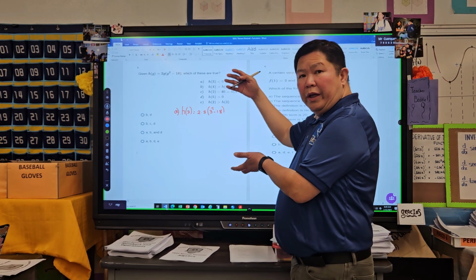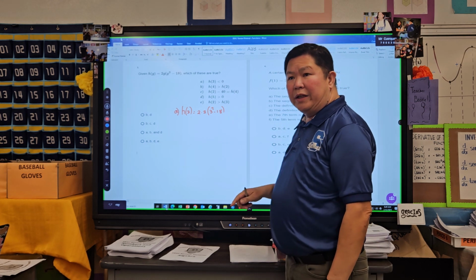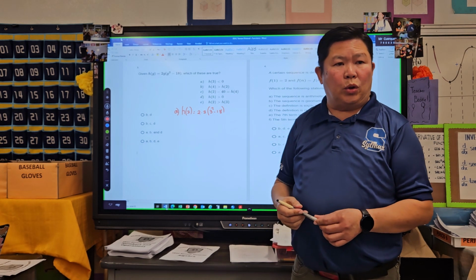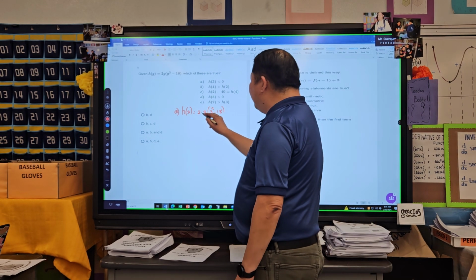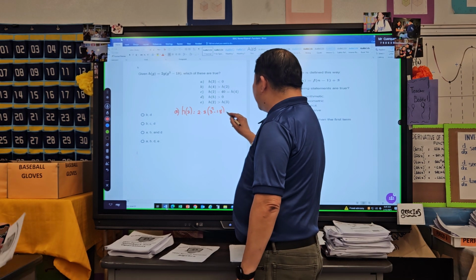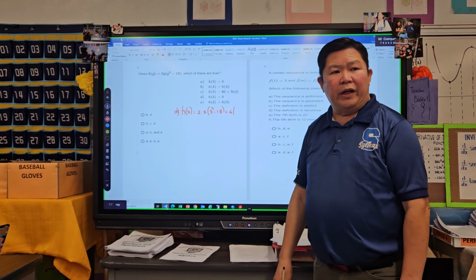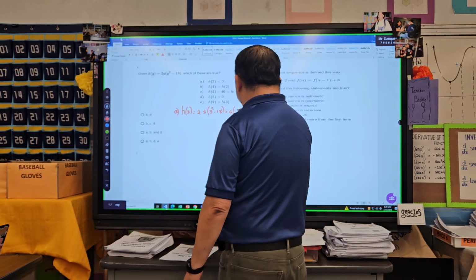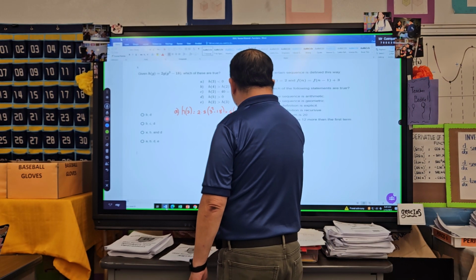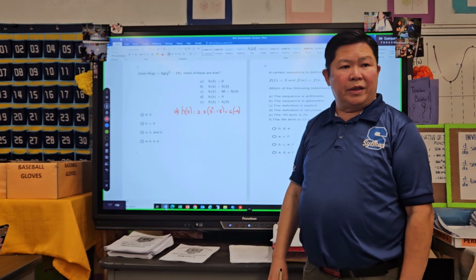So our concern is for us to identify whether the statement that h of 3 is less than 0 is true or false. So in here we have 2 times 3 is 6. 6 times, we have 9 minus 18 is negative 9. So we're gonna multiply negative 9 times 6.